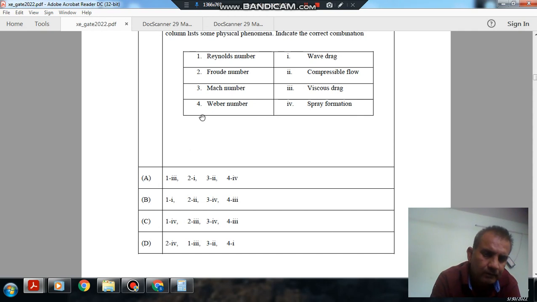So answer is A. We can match Reynolds number with viscous drag because it is the ratio of inertia to viscous force. So we can find out the answer.